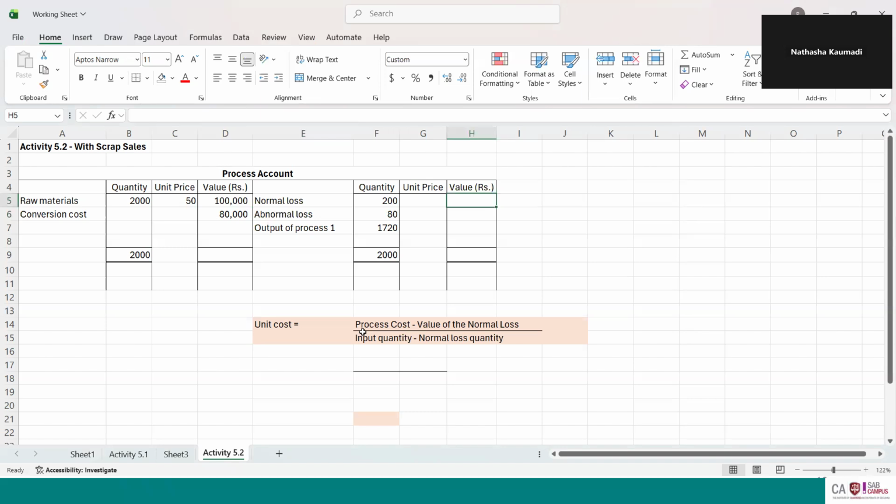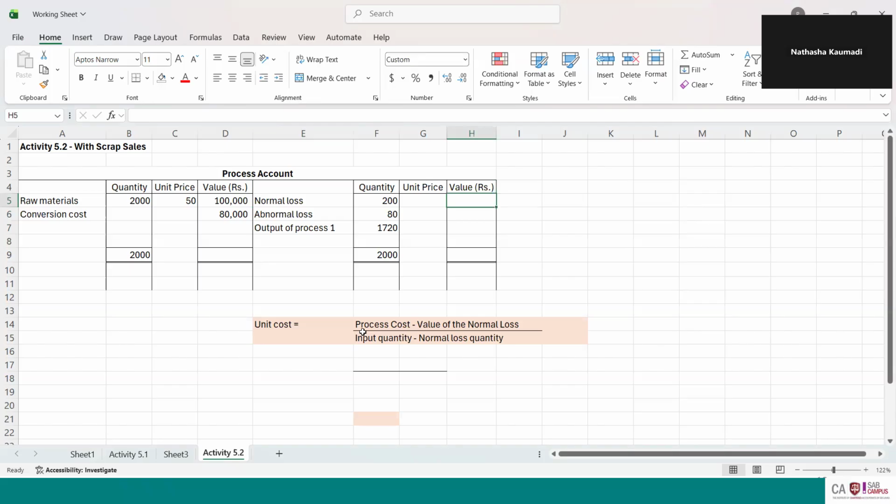Usually no amount is recorded for normal losses. But remember, I told you there are few instances. That instance is if you can sell your loss units, that means if you have scrap sales, then you can have a value for normal losses. Remember, this is the only instance where you can have a value for normal loss.